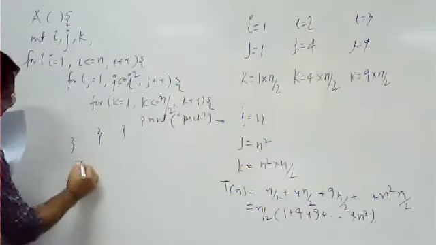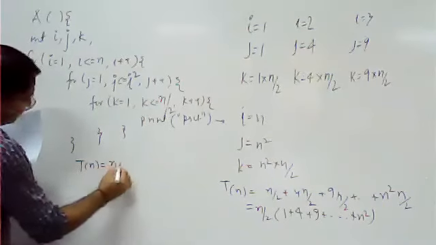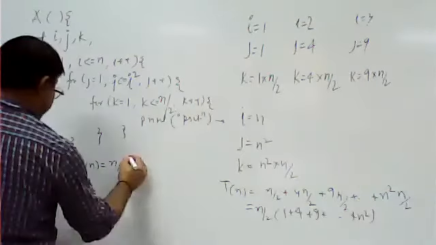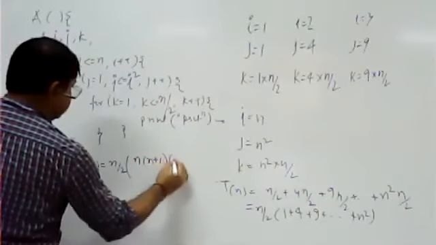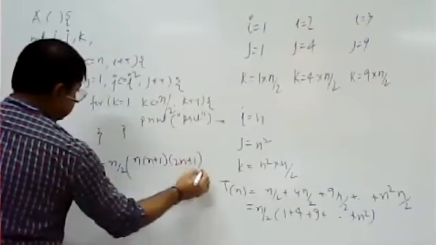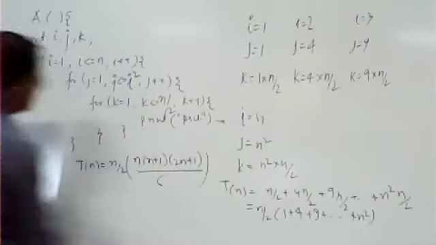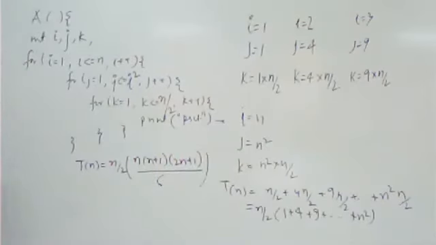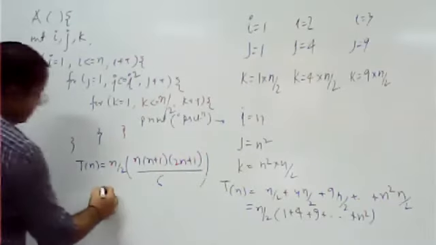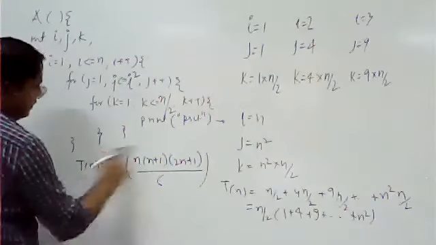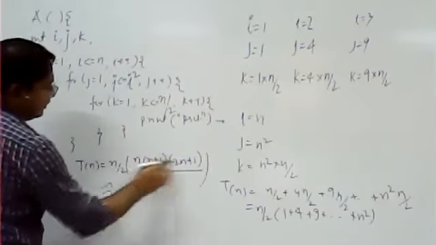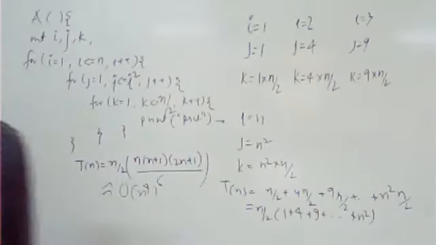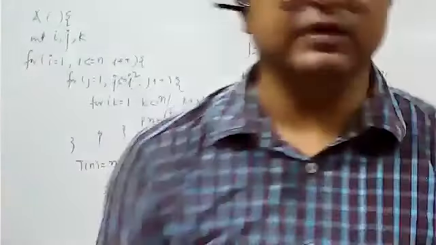So we have T(n) equal to n by 2 times the sum of the squares of n natural numbers, which is n into (n plus 1) into (2n plus 1) divided by 6. Obviously we'll get a polynomial and the highest order of n will be n into n into n into n, so n to the power 4 will be the highest order. So this is the time complexity.